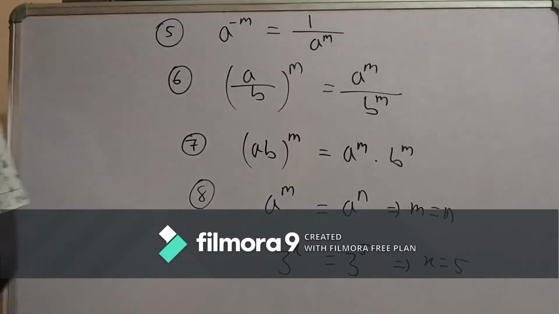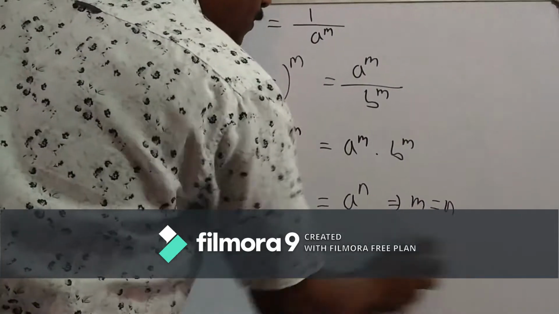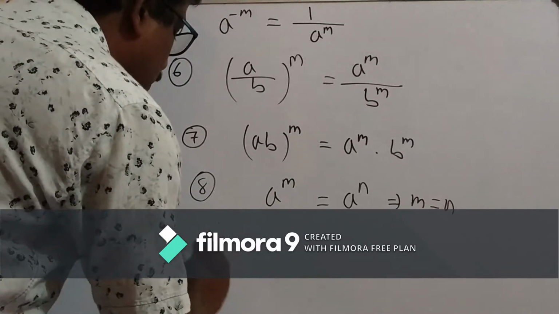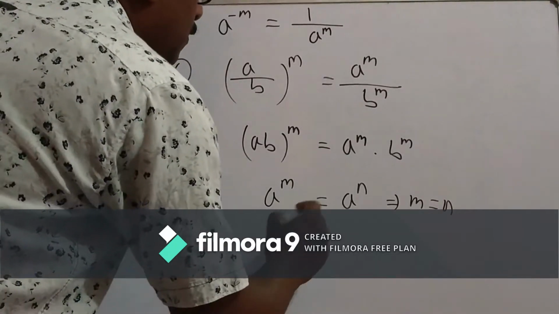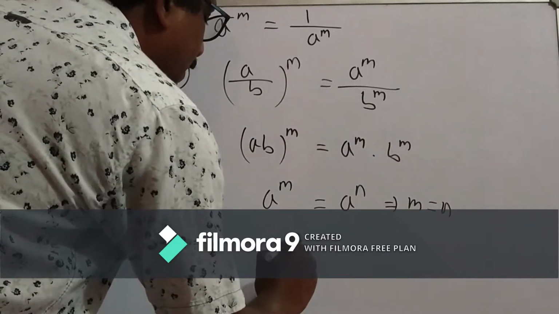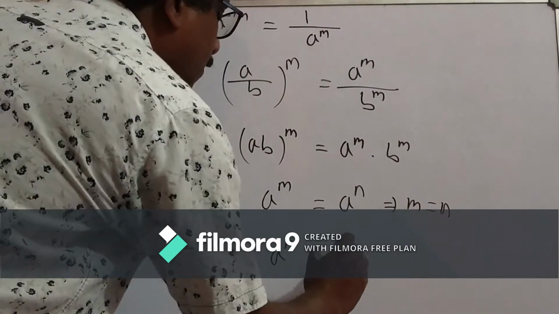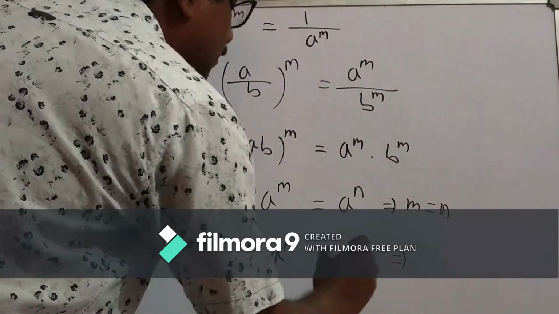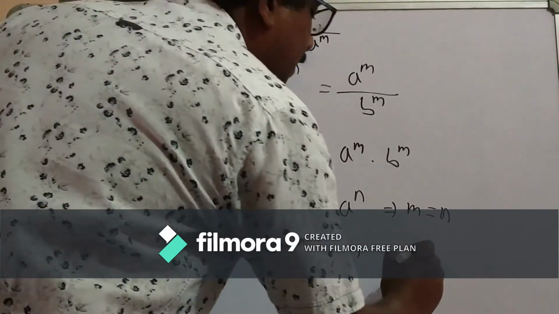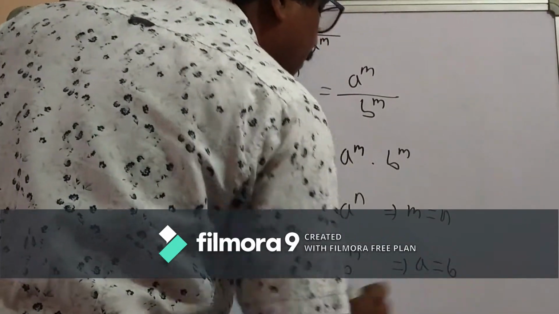Now the ninth formula. Suppose here your power is same, base is different. a to the power m is equal to b to the power m. Here power is same but base is different. So if power is same, then base is equal: a is equal to b.